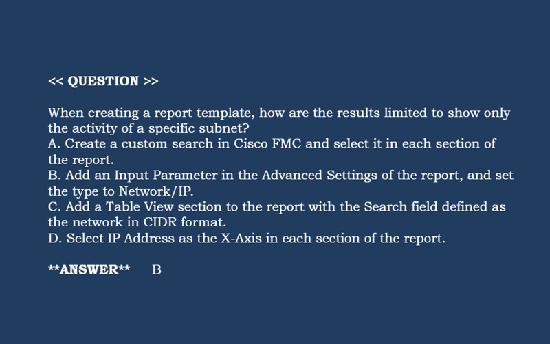Option B. Add an input parameter in the advanced settings of the report and set the type to network IP. Option C. Add a table view section to the report with the search field defined as the network in CIDR format. Option D. Select IP address as the x-axis in each section of the report. Correct answer is option B.